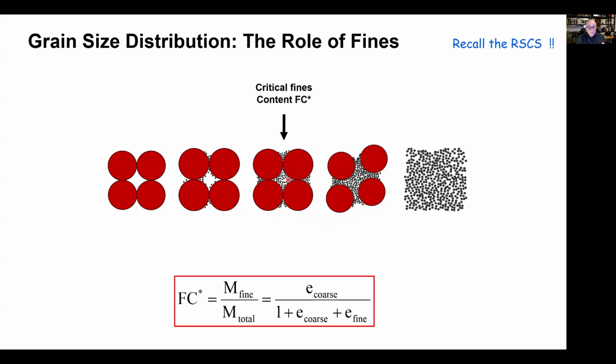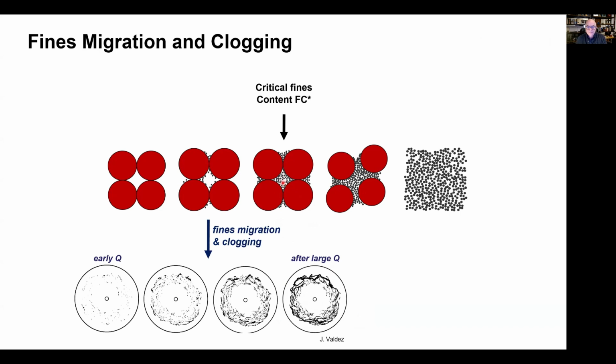And as you may remember, you need a relatively small percentage of fines to really produce a dramatic decrease in hydraulic conductivity of orders of magnitude, because it goes to the inverse of the specific surface squared. And this was the volumetric gravimetric relationship that we determined to compute the fines content when this saturation of the pores takes place.